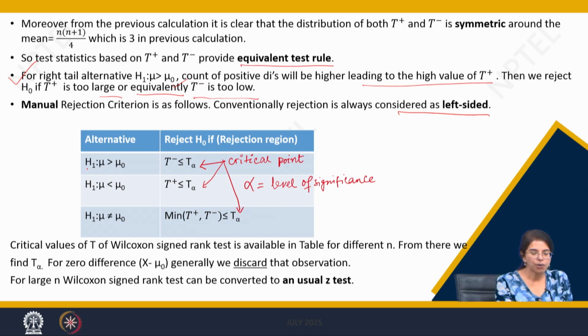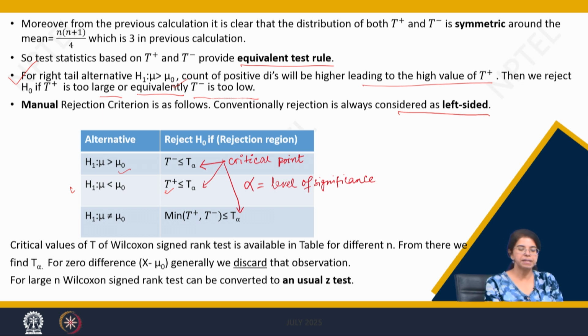So, if your alternative is a right tail alternative, then we have to figure out T minus, and we reject the null hypothesis if T minus is less than T alpha. On the contrary, if you are dealing with a left tail alternative, then my rejection criteria will be based on T plus, because under the left tail alternative T plus will be smaller. Smaller the value of T plus, stronger is the evidence against the null hypothesis.